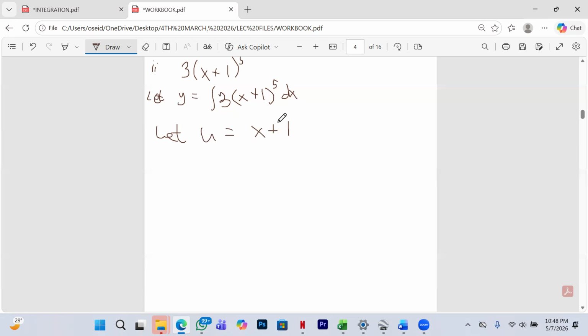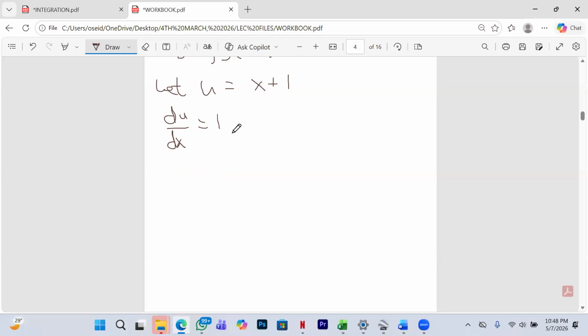We say du dx over here is equal to 1. So back from differentiation, we know this.